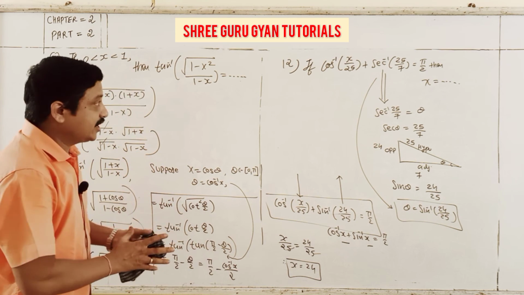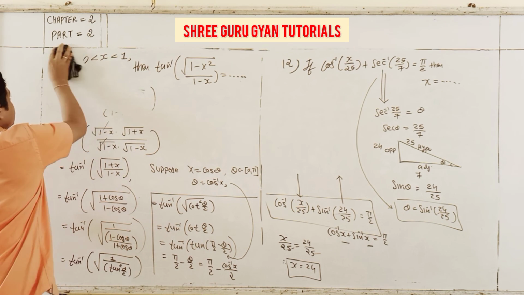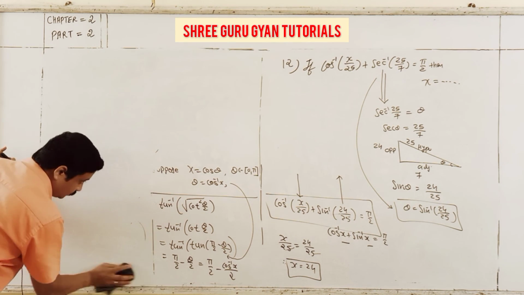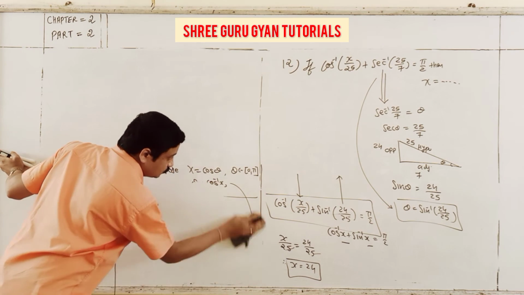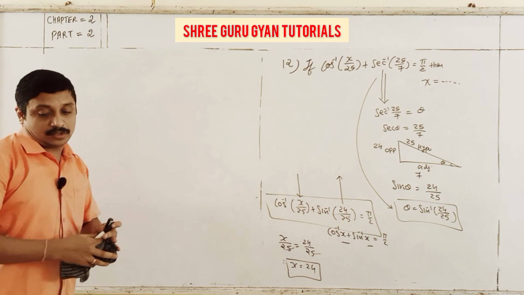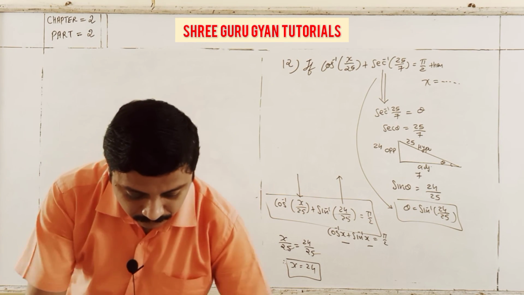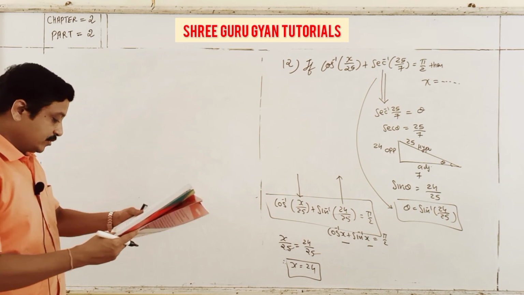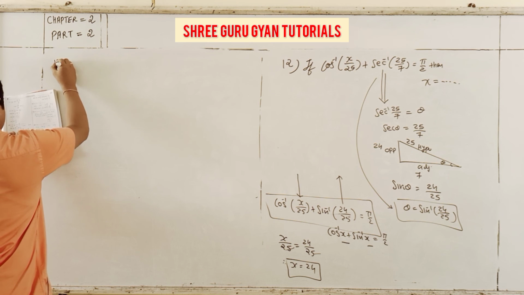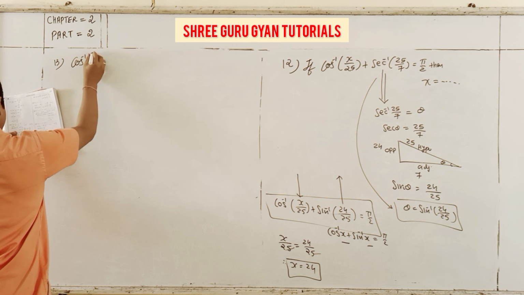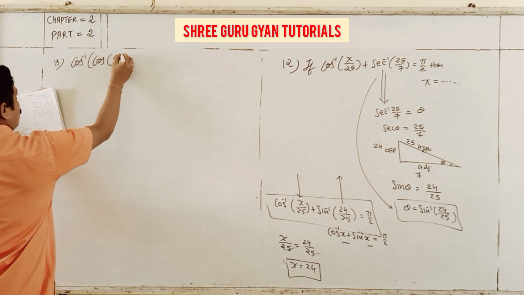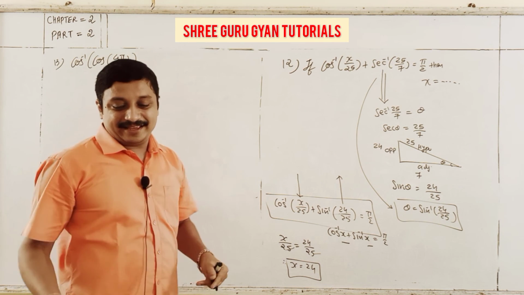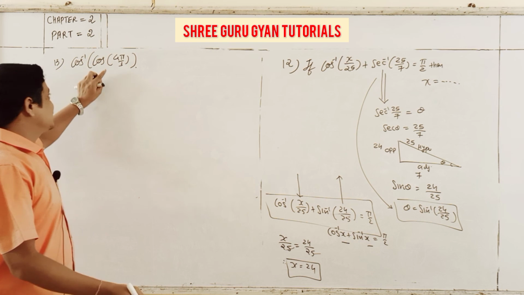Next, one more, taking question 13. Question number 13 is a very easy numerical, don't worry. Cos inverse of cos 4 pi by 3. It's very easy, and I think anybody can calculate these sums.